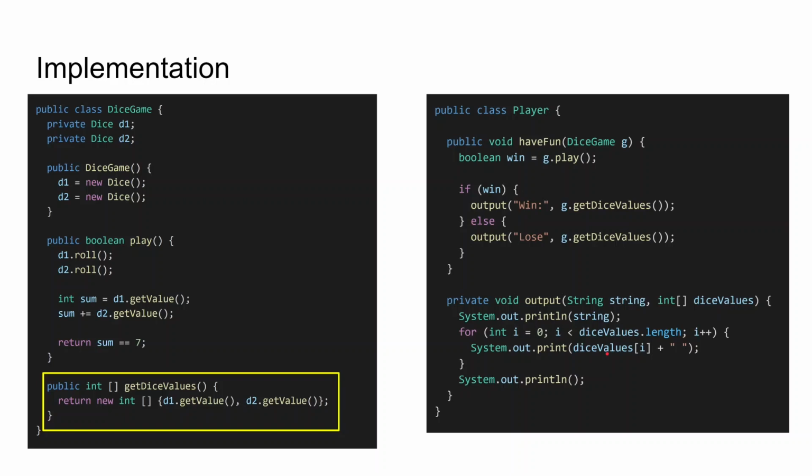So basically this is the motivation for using the association in this case. It makes sense from the domain perspective, and we need to keep the state between two different calls. So in play, the dice are rolled, their value is set, and then we get these values at a later point in time.